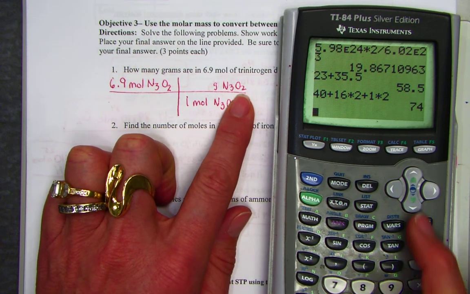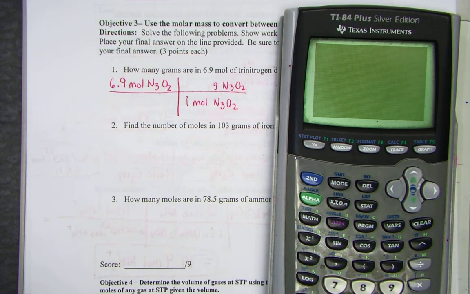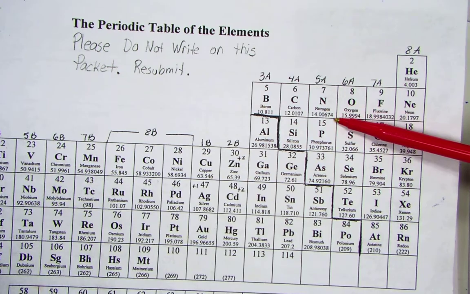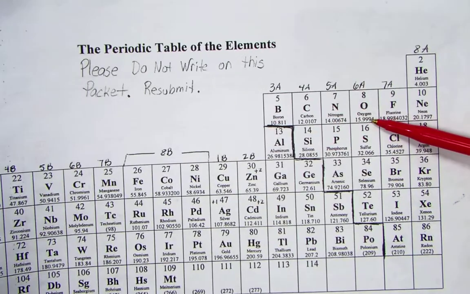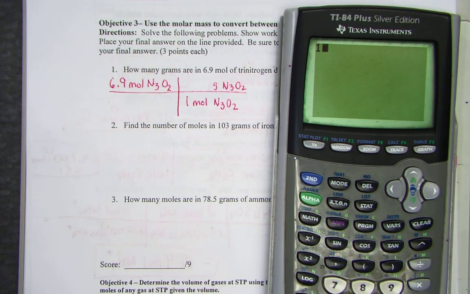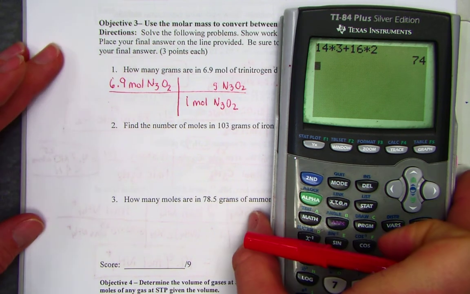Ready? Finding nitrogen on your periodic table, I see nitrogen is 14, and oxygen's right next door, it is 16. Alrighty, so finding those weights, 14 times 3 for the nitrogen, plus 16 times 2 for the oxygen. We get a formula weight of 74.